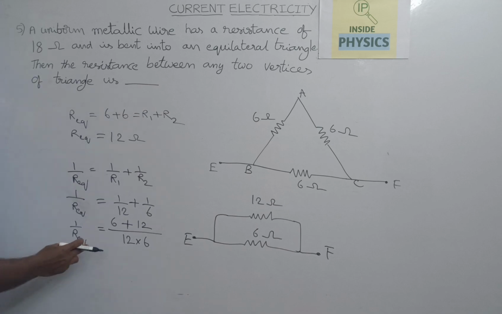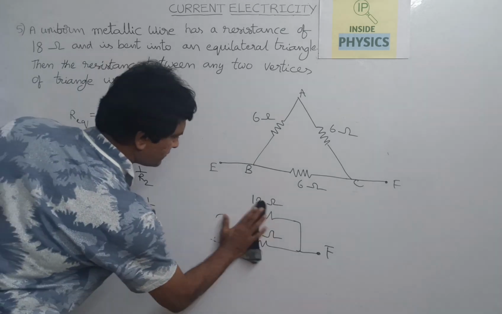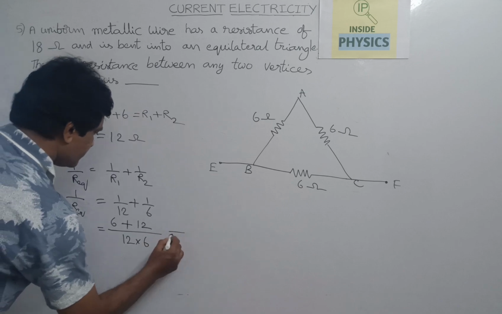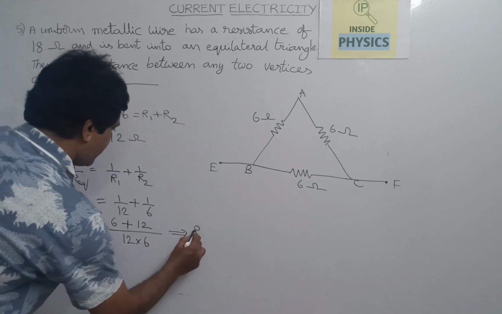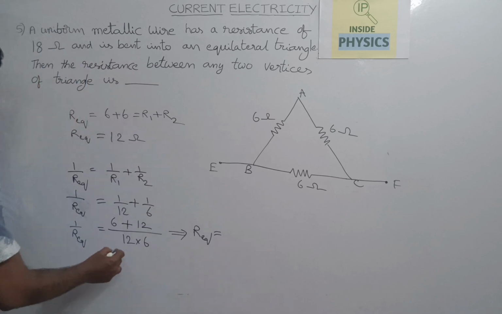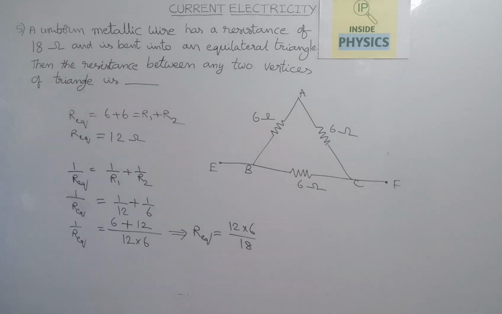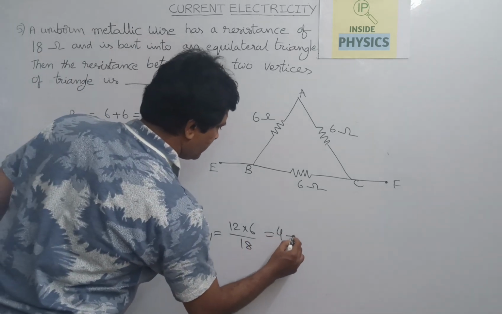Then that implies R equivalent is equal to 12 into 6 by 18. So if you calculate that, the value will be 4 ohms. This is 4 ohms.